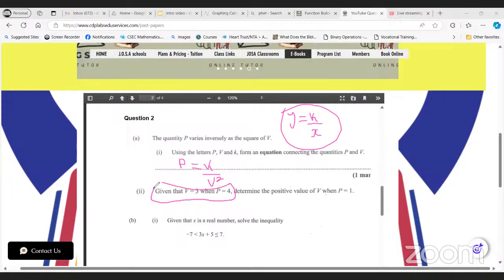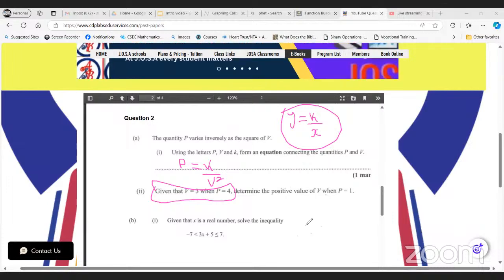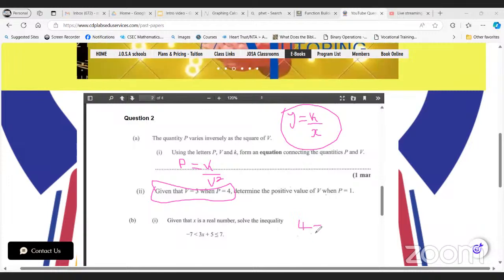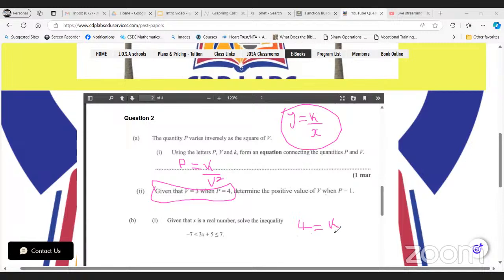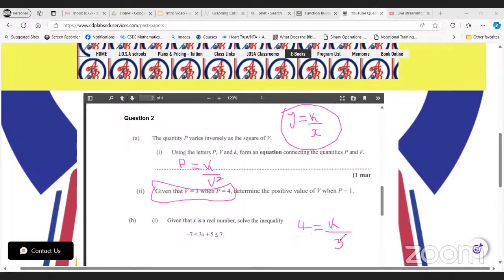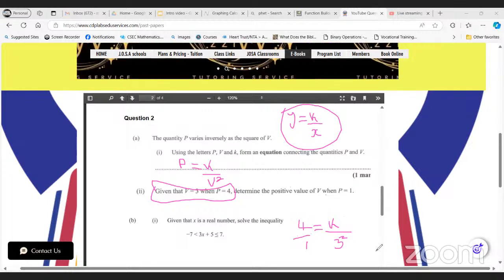Now, let me use this available space right here, if you don't mind. P is 4, so we're substituting. We don't know the value of K, but we know V is equal to 3, squared. You can write this over 1 if you wish.